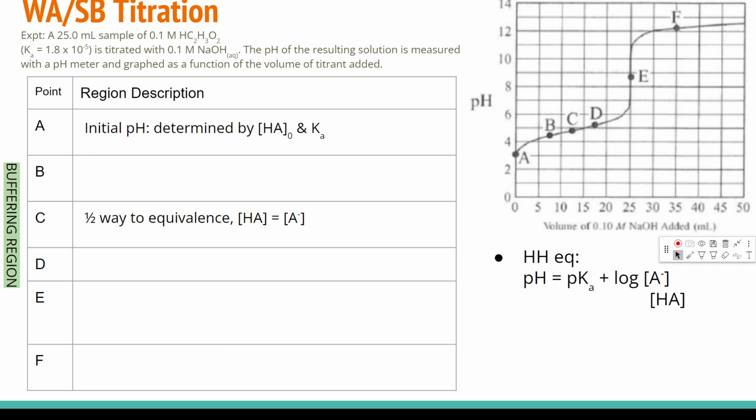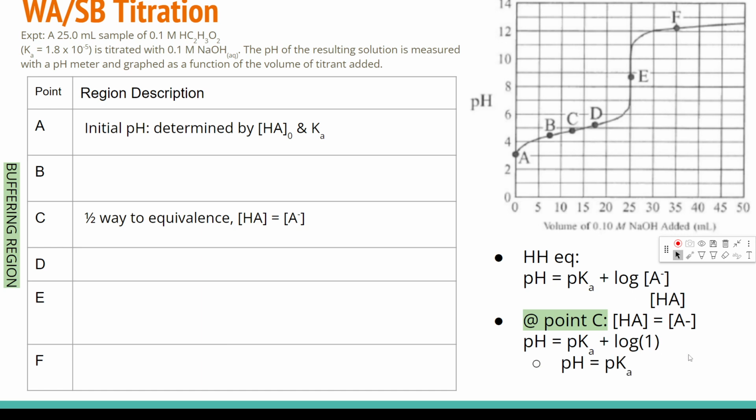Being equimolar is very, very important to know because we are halfway to the equivalence point. So just make sure you know that that's an important point to know. Okay, and so we have regions B and D. Let's talk about point C first. Since we know that these are equal to each other, this part of the HH equation is 1, and so log of 1 is 0, so my pH is pKa. So FYI for that. So that's nice and easy.